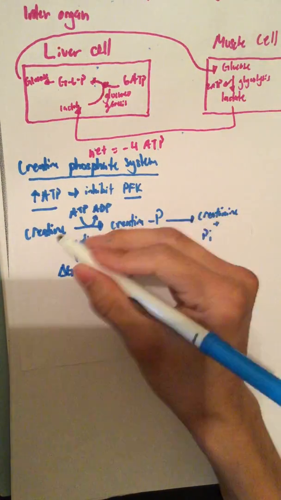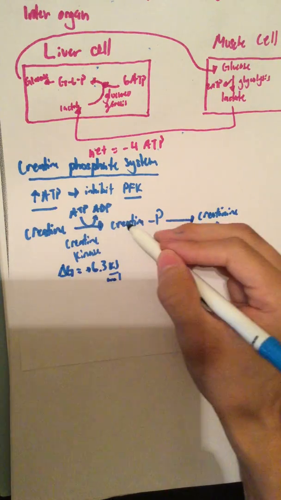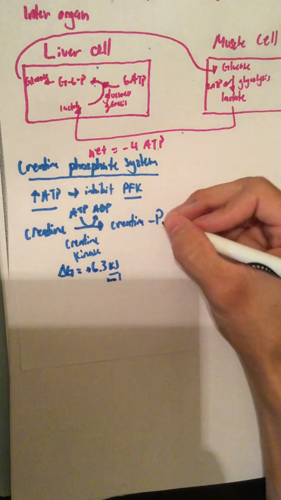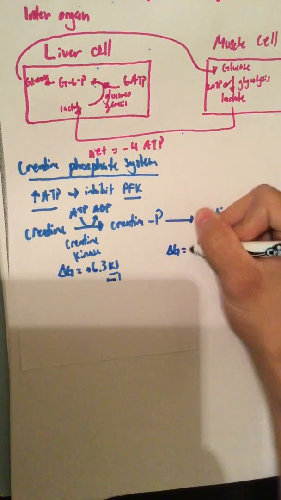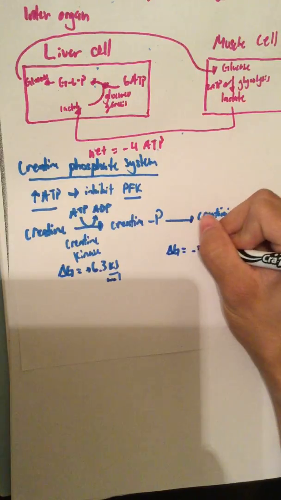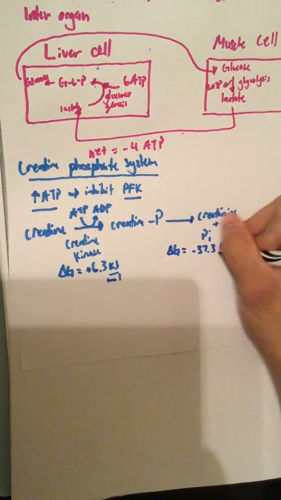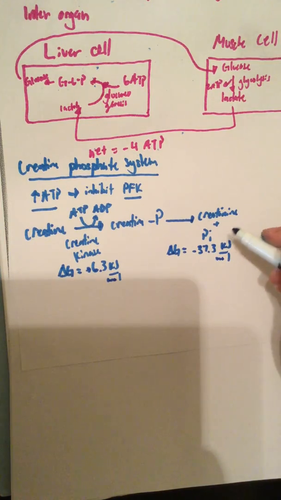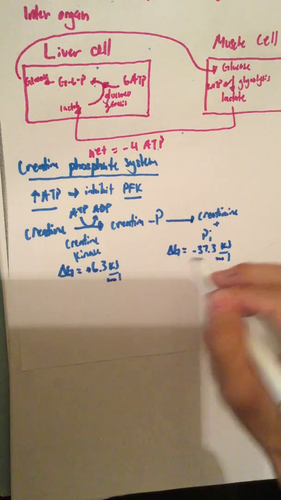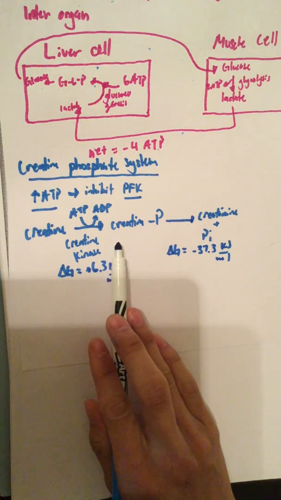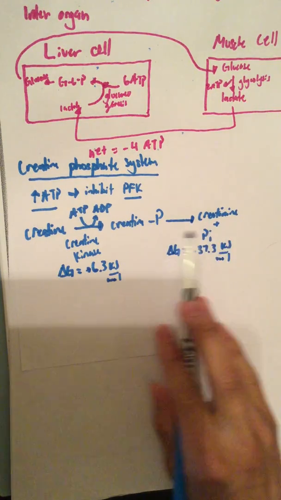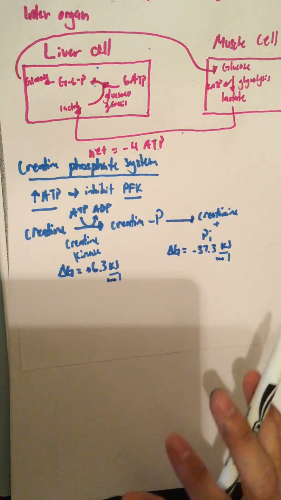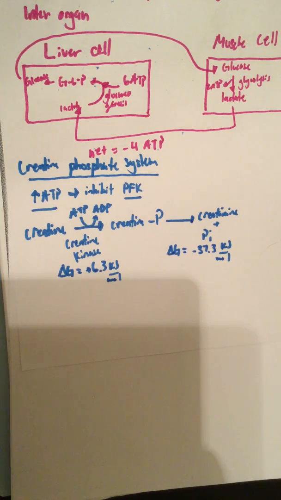So here we have to put energy in, this is an endothermic process, whereas for creatine phosphate to creatinine, our Gibbs free energy is going to be negative 37.3. So that's slightly better than ATP, right, which is negative 31. What these thermodynamic values are saying is that right here we have to put in energy, and right over here we're expelling a lot of energy. And that's why creatine phosphate is such a great storage molecule in skeletal muscle.